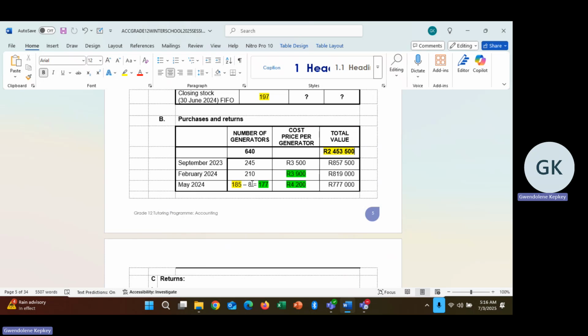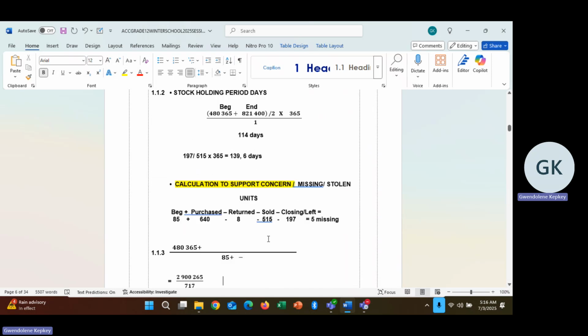Now, if you can recall, we have returned 8 items, and the value of that items is 4,200 each. So ma'am is now not going to come back to this information because I now need to do the calculation. Let's extract purchases, returns 8. I'm going to multiply it by the 4,200 because that is the cost price of the items I have returned.